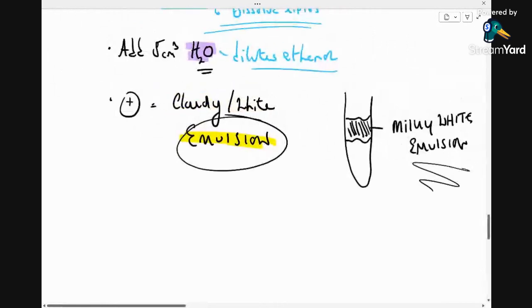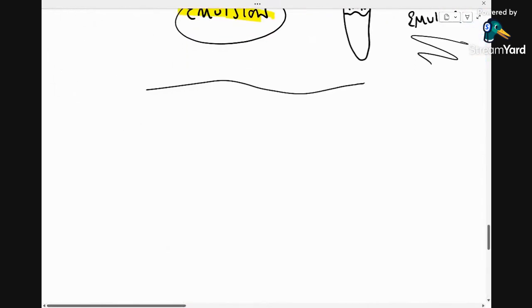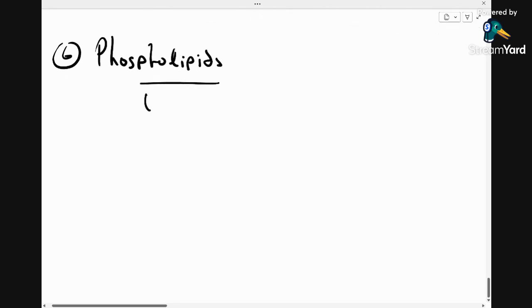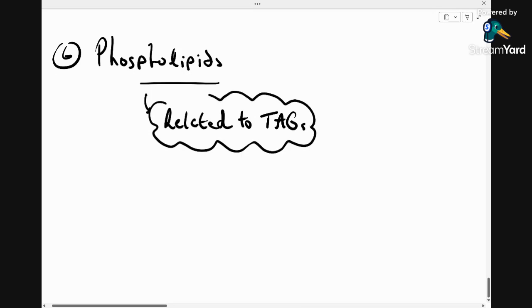So this is point number 6, which is we need to know what phospholipids are and their structure. And the key point here is that they are related to the tags, to the triacylglycerides that we've just seen.